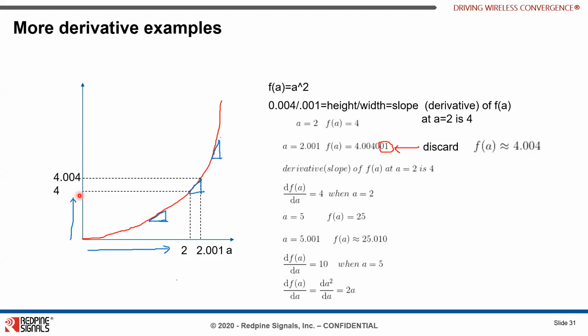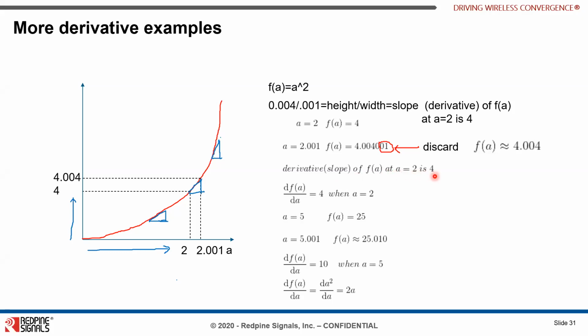Now at 2.001, suppose I've incremented a little bit, and I will see through the scale that the function value is 4.004. Okay, there can be a little bit more increment also, but we can discard this. So approximately it is 4.004. That means the derivative, the slope of fa at a equal to 2, is 4.